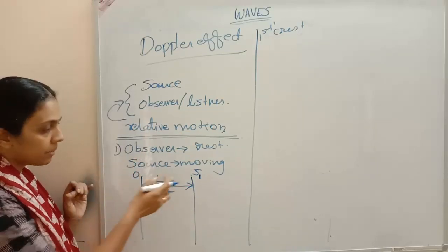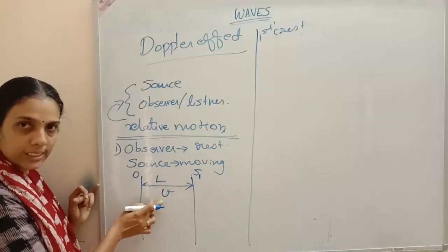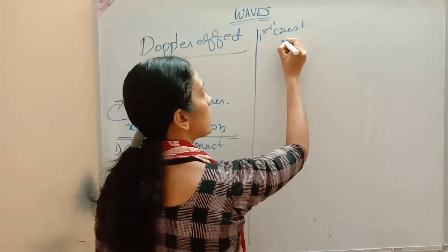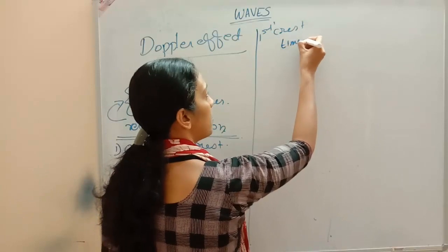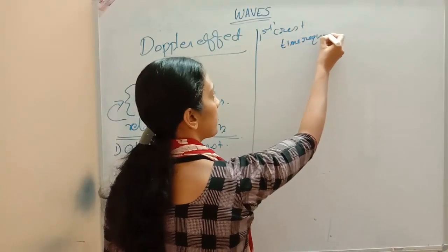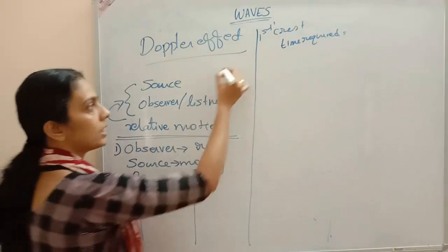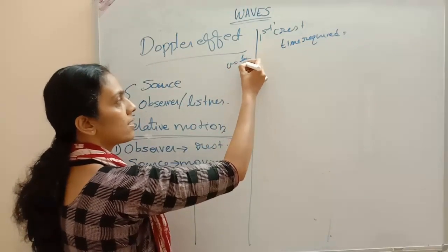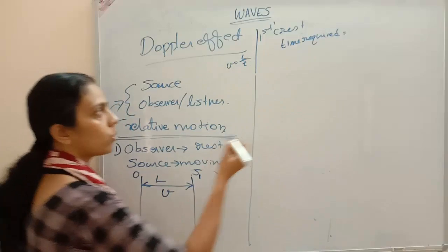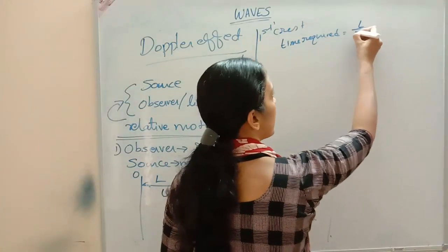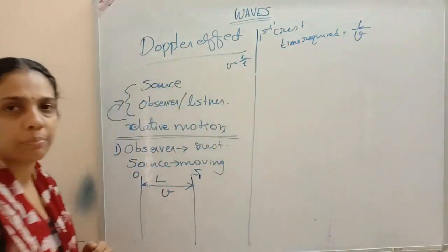So what is the time? Distance is given, velocity is given. Time required for the first crest: speed equals distance traveled divided by time, so time equals distance traveled divided by velocity, L/v.